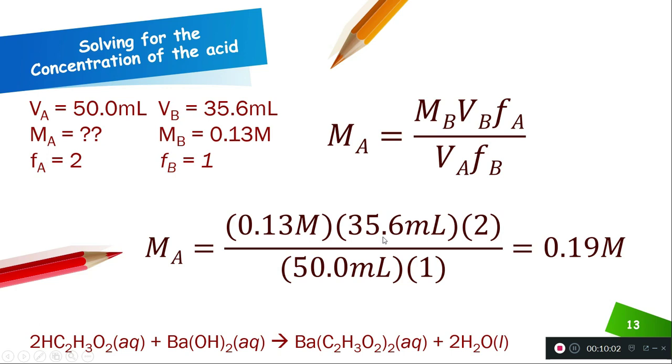The volume of my base was 35.6. The coefficient for my acid was 2, and the volume of my acid was 50 mL, and the coefficient for my base was 1. I do that math, and I get 0.19 molar as the concentration of my acetic acid solution.